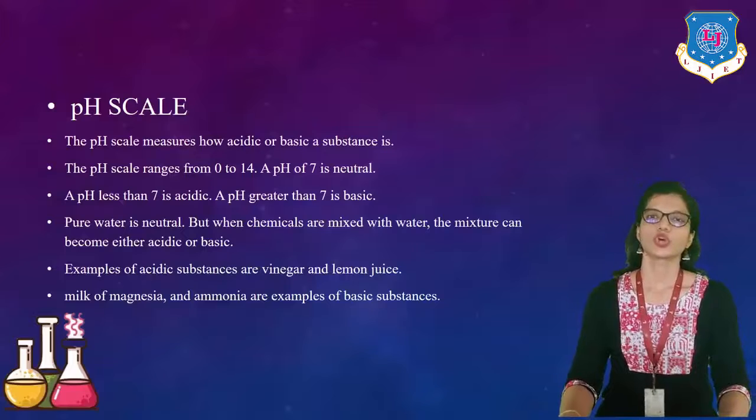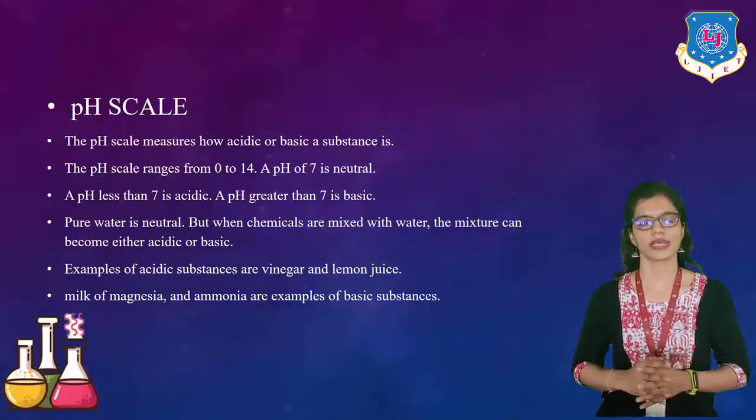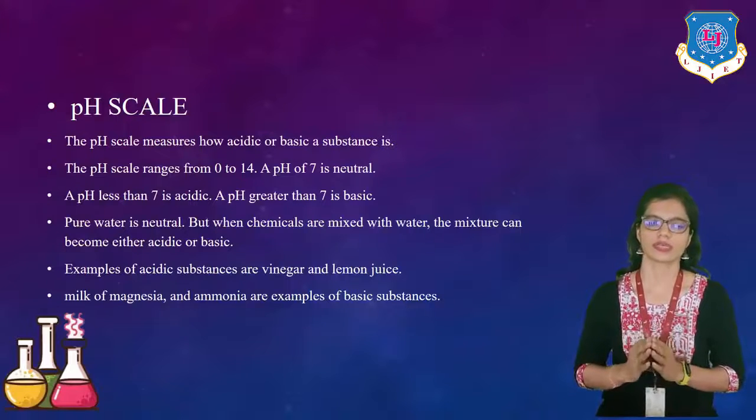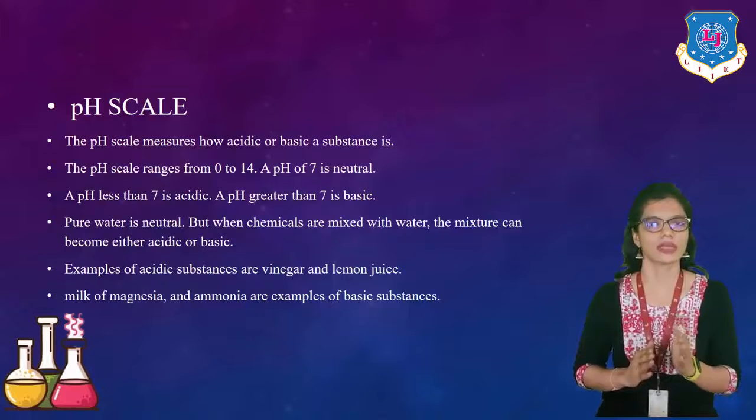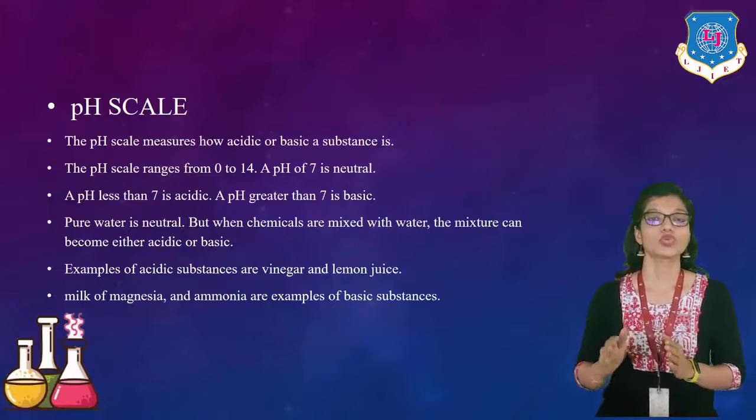Right? So if we talk about the pH scale, then the pH scale measures how acidic or how basic a particular substance is. The pH scale ranges from 0 to 14 and a pH of 7 is considered neutral. So I should say that 0 to 6.8 is considered slightly acidic, while 7.2 to 14 is considered basic.